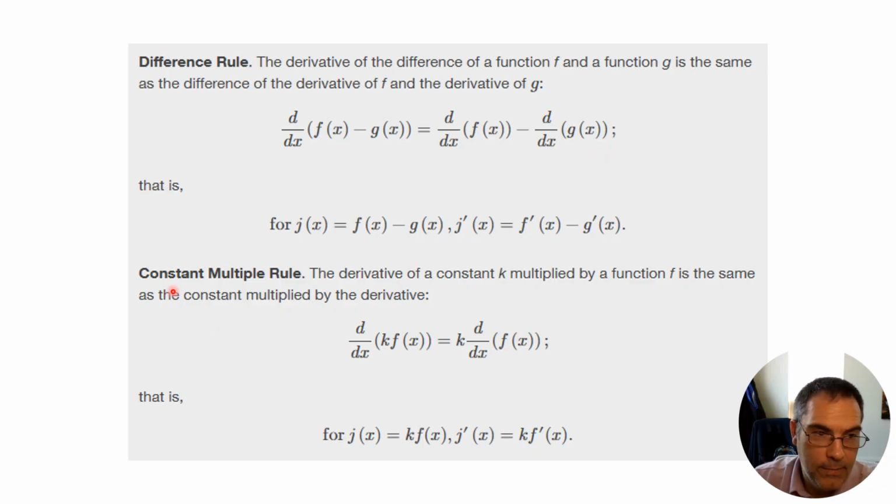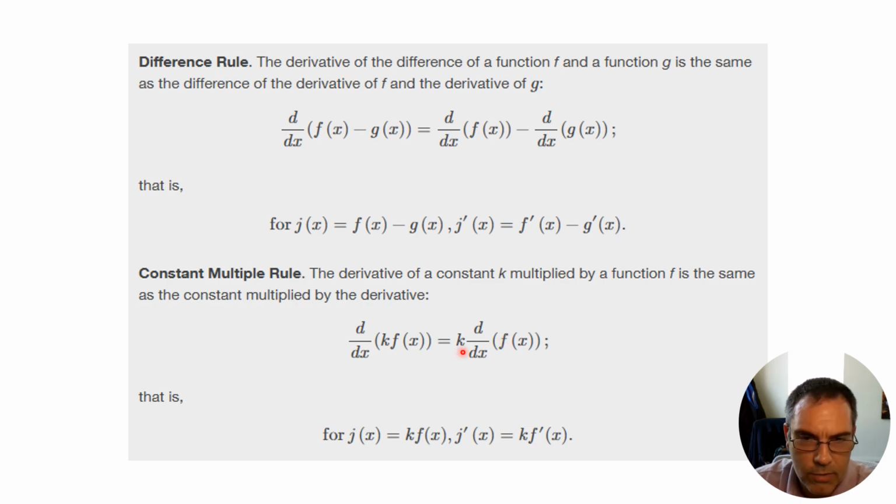Now, lastly, constant multiple rule. What happens if there's a function and then you're multiplying it by some number, like 3x squared instead of just x squared? Well, if you take the derivative of a constant times a function, you can just take the constant out. Remember, the derivative of a constant is 0.